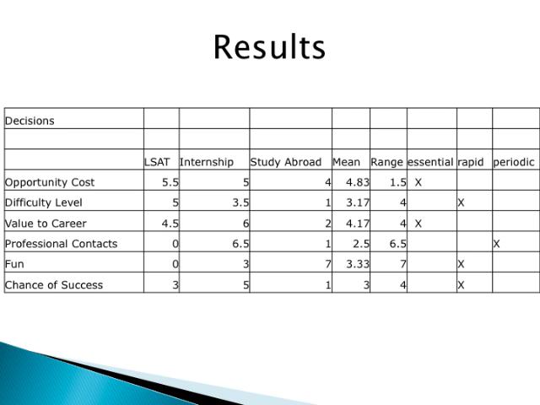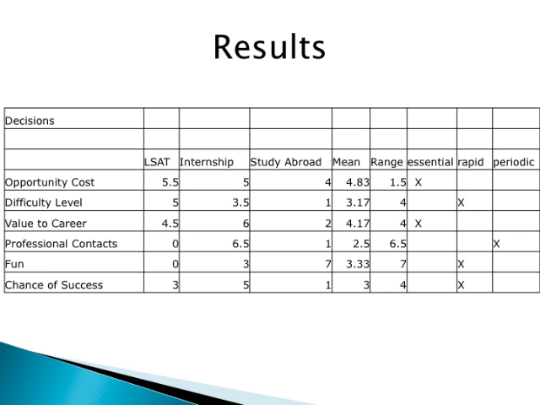In this chart here, we can see the results of the weighting process, the mean that came about from that weighting process, the range, and then the three associated terms, essential, rapid, and periodic, which we will be discussing momentarily.